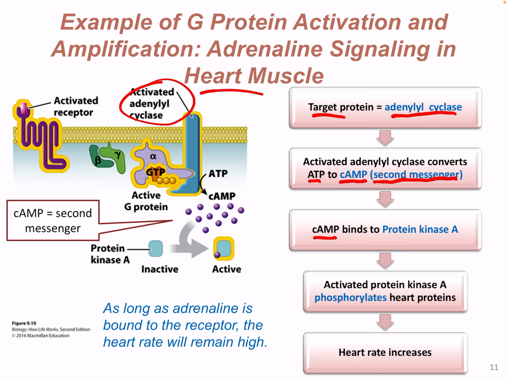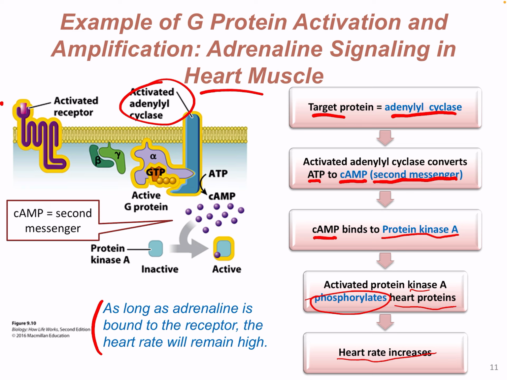This cyclic AMP binds to protein kinase A. This activated protein kinase A then phosphorylates. Remember, kinases tend to phosphorylate, and here the heart proteins, and this causes the heart rate to increase. As long as adrenaline is bound to this receptor, the heart rate will remain high. That's why we have other hormones like noradrenaline in our parasympathetic nervous system, but that's more physiology.